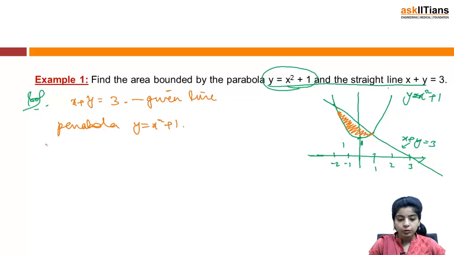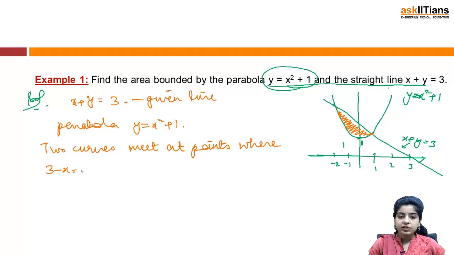So the two curves meet at points where 3 minus x is equal to x square plus 1, which means x square plus x minus 2 is 0, which means x is minus 2 and 1.